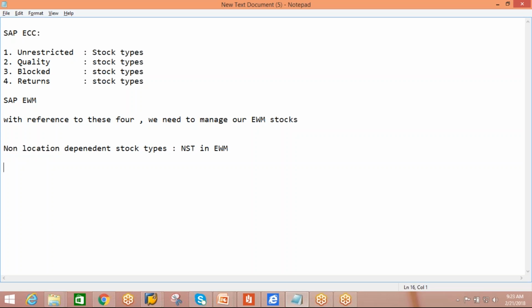As per the SAP standard, they have given some names: FF, unrestricted; QQ, quality; RR, returns; BB, blocked.